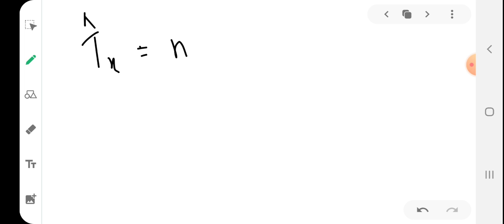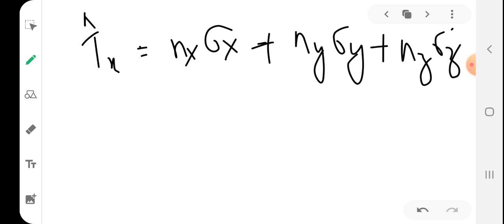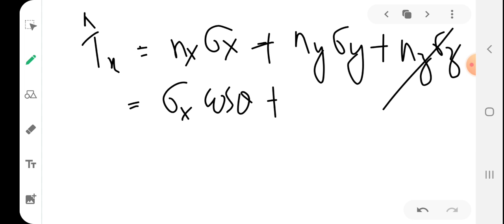nx sigma x plus ny sigma y plus nz sigma z. Since nz and sigma z are 0, that term is gone. So nx will be cos theta. So sigma x cos theta plus sigma y sin theta.